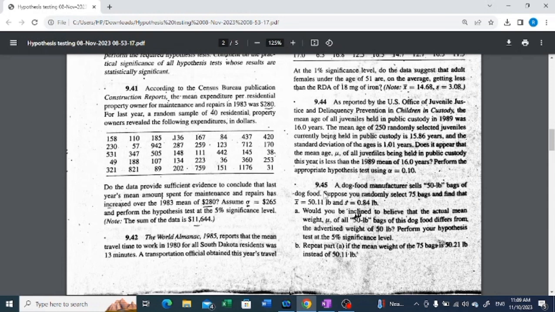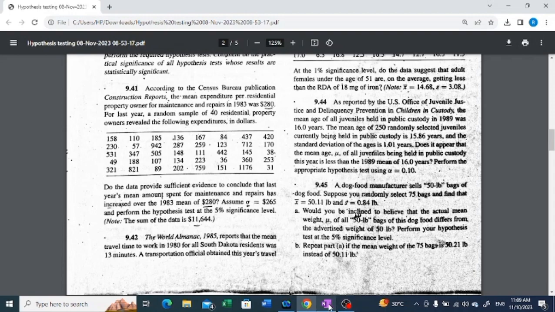So I'm using this question 9.45. It is regarding a dog food manufacturer that sells 50-pound bags of dog food. Suppose you randomly select 75 bags and find that X bar is 50.11 pounds and the standard deviation of the sample is 0.84 pounds.